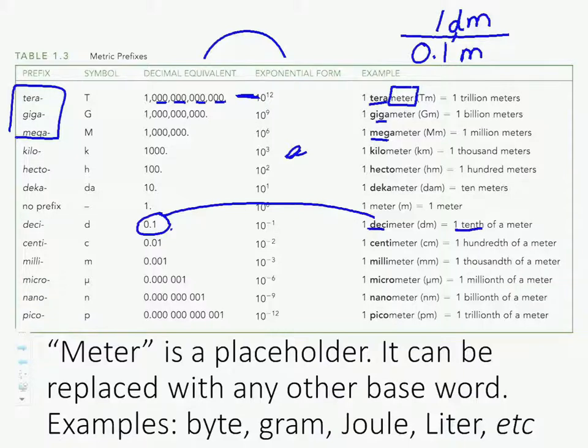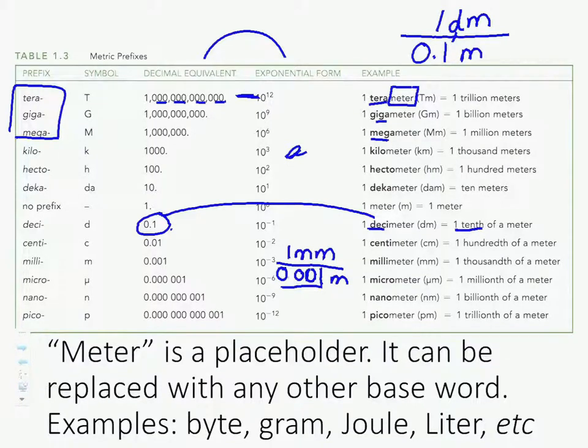Or if you do a millimeter, 1 millimeter is the exact same thing as saying 0.001 meters. You can replace the prefix with its decimal equivalent.